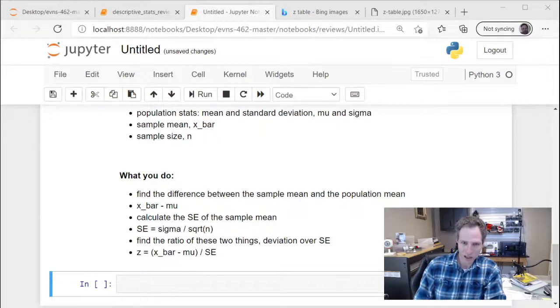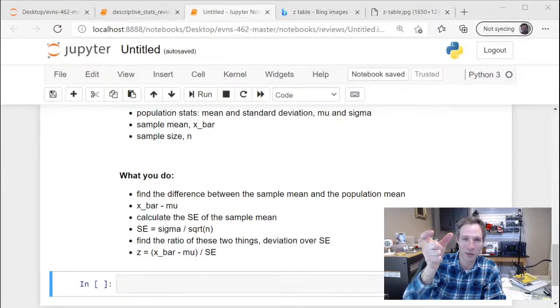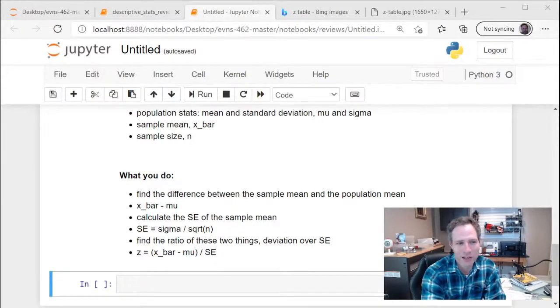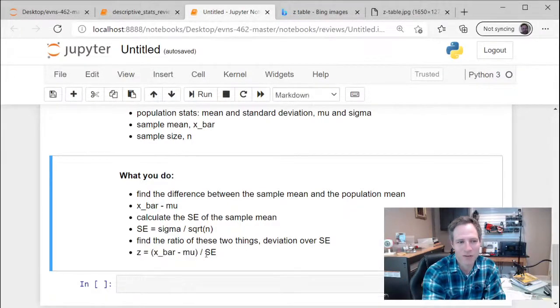And these statistics are in many situations of a form that are the ratio between a deviation in the numerator, some measure of deviation between your samples or your sample and something else, divided by a measure of variability in your sample or samples. So it's always a ratio like this, measure of deviation divided by measure of variability.